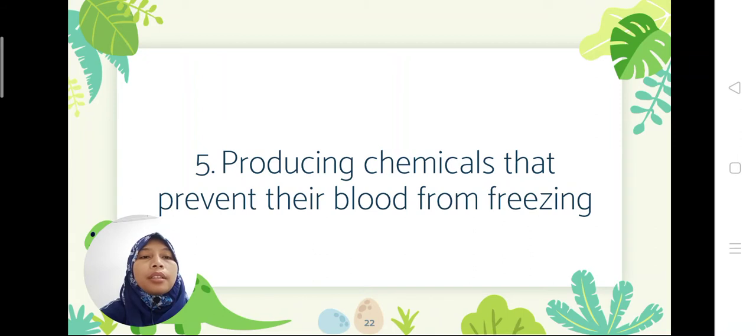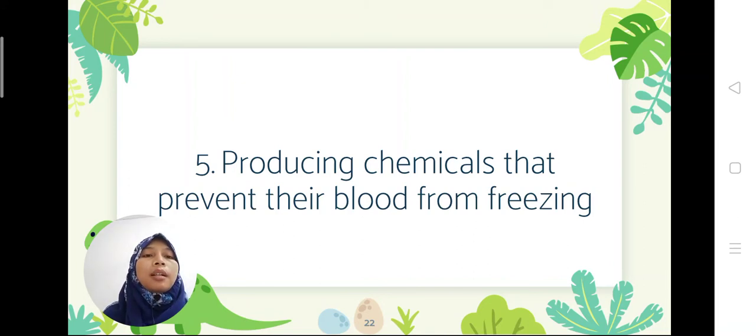The last one is producing chemicals that prevent their blood from freezing. Have you ever wondered how animals survive in very cold water? Actually, there is a chemical produced in their blood that is antifreeze.